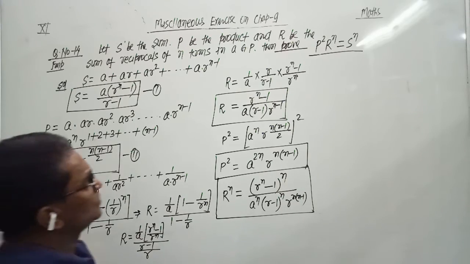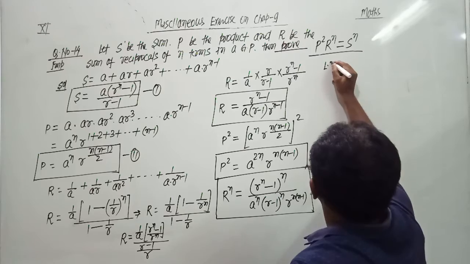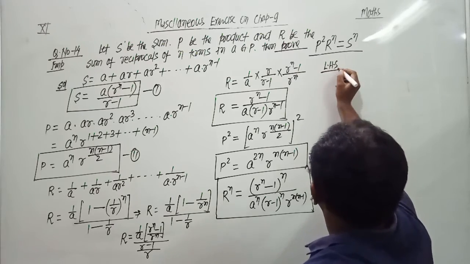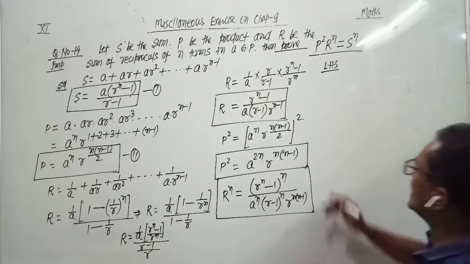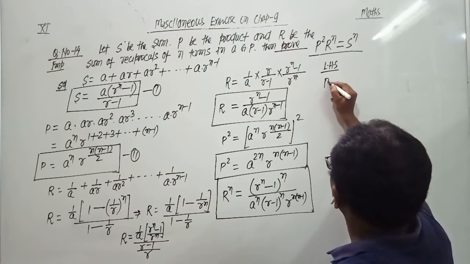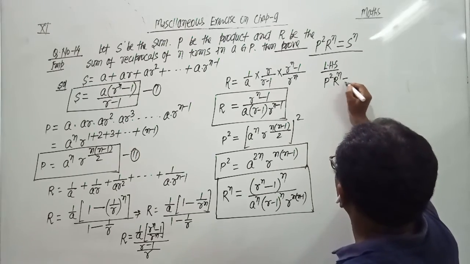Now the LHS, we have to multiply p square and r raised to the power n. So p square multiplied by r raised to the power n.